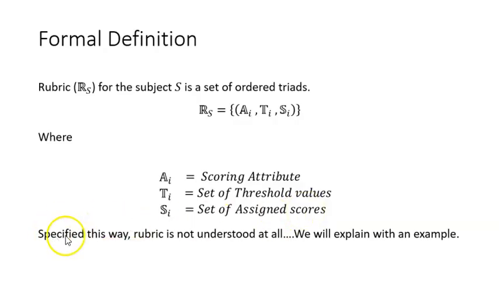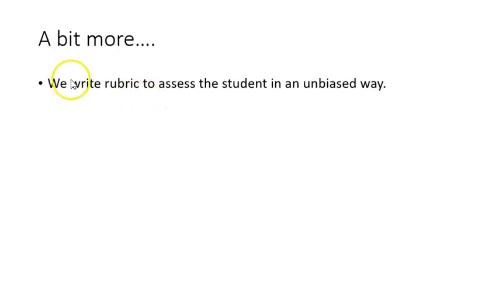Specified this way, rubric will not be appreciated at all. We'll try to explain it with an example. We'll try to see a few points regarding the rubric and then look at an example. We'll write a rubric basically to ensure that a student is assessed in an unbiased way, that the entire class is assessed in the same way, that is, to ensure uniformity.